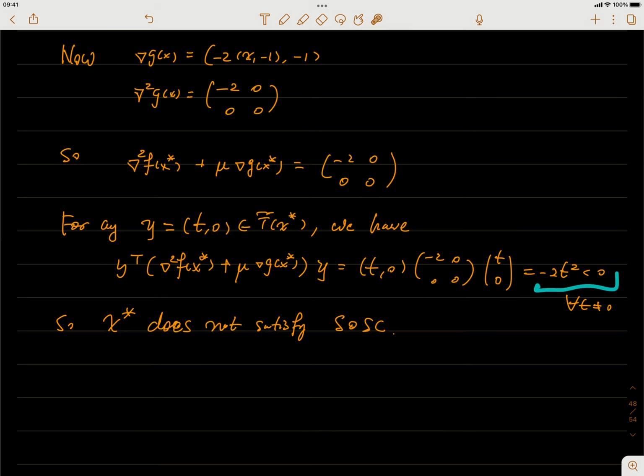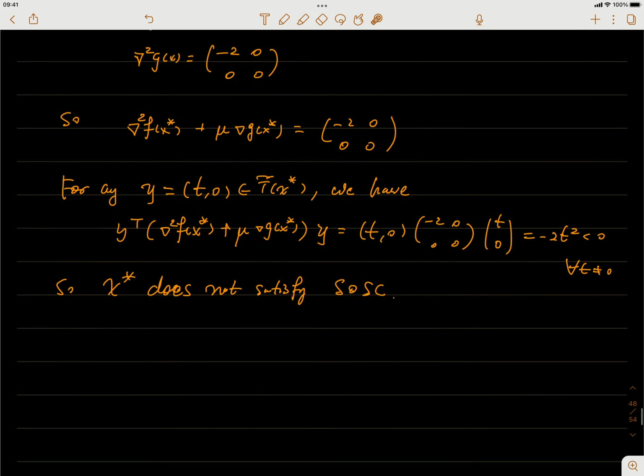We get this, and that's strictly less than 0 for any t not equal to 0. So we can find many y in T tilde for which this product gives us a negative number. That means x star does not satisfy the second order sufficient condition. If it satisfied it, you would need to show that this is greater than 0 for any non-zero t, but apparently this is not the case. So it doesn't satisfy that. That's the answer.